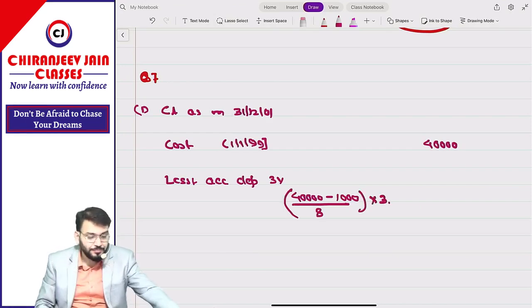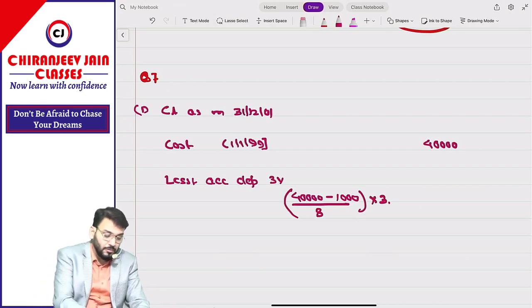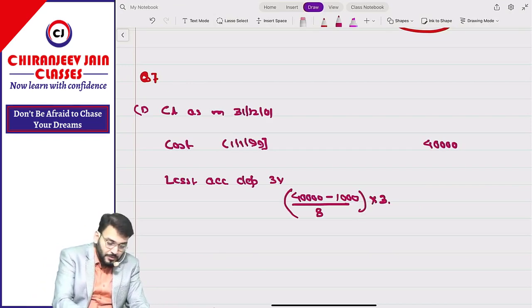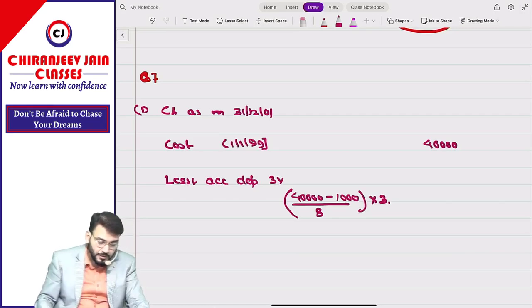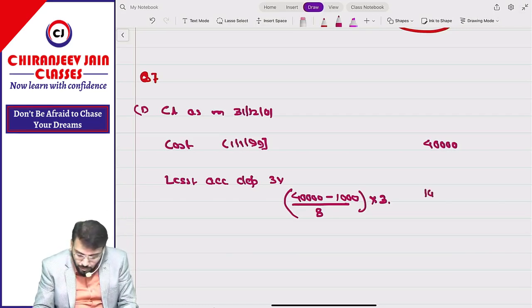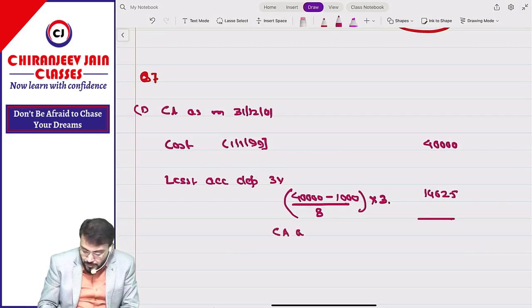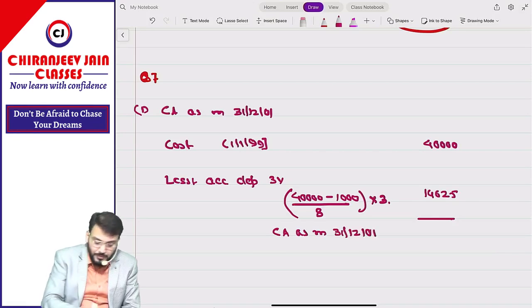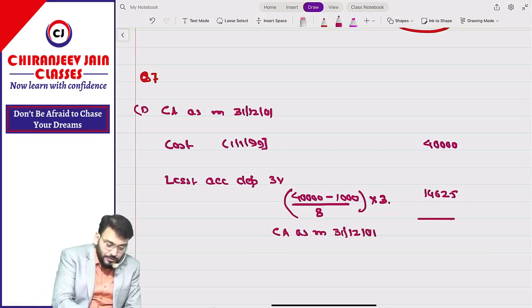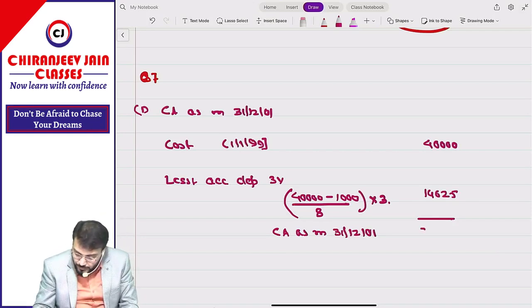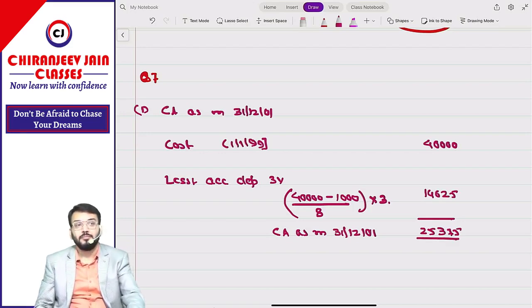How much is it coming? 39,000 divided by 8 into 3 is coming 14,625. So what is the carrying amount as on 31st 12 2001? It is 40,000 minus 14,625, equal to 25,375. So first answer.